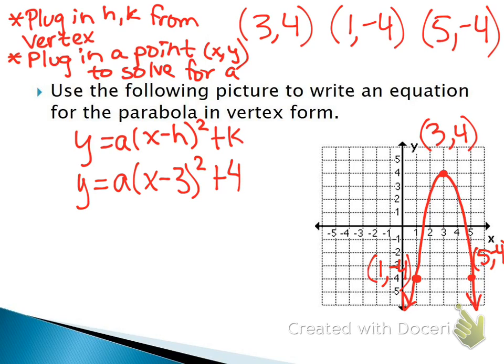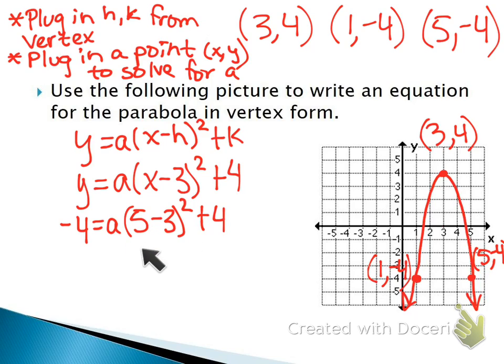5, -4. So what does that mean I'm plugging in for y? -4. -4 equals A. That's what we're going to be solving for. Then what are we plugging in for x? 5. 5 minus 3 squared plus 4.